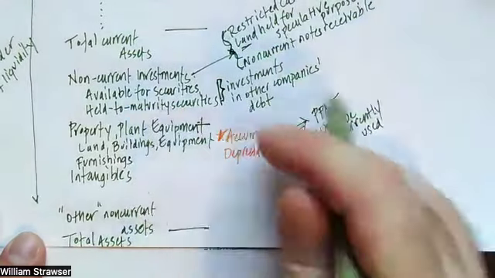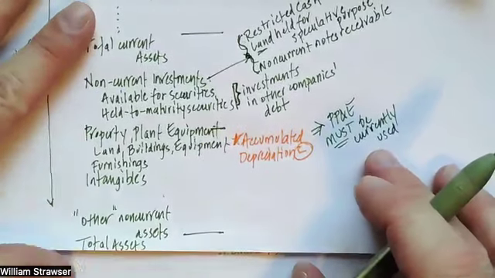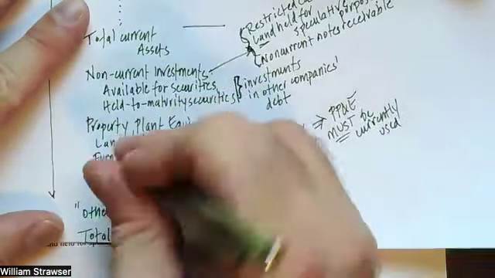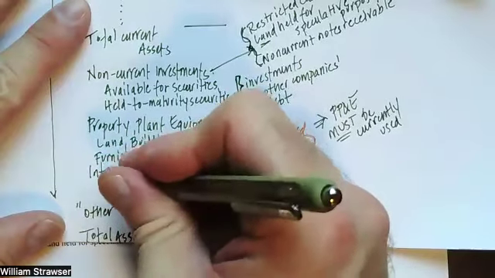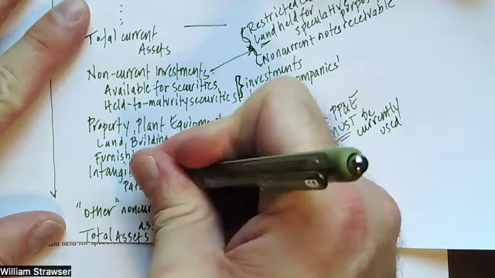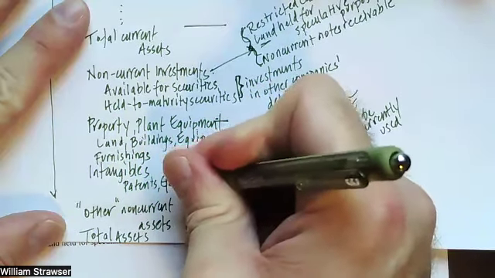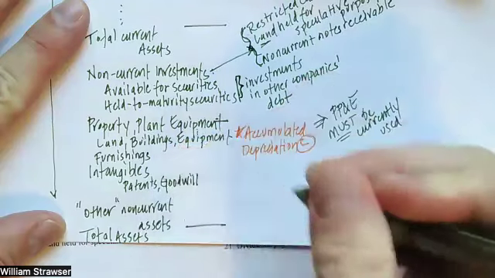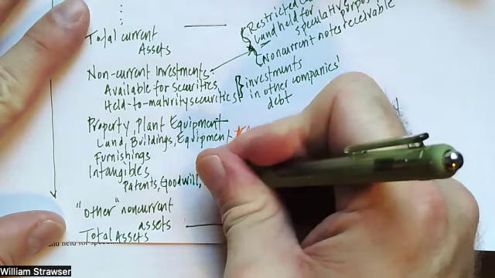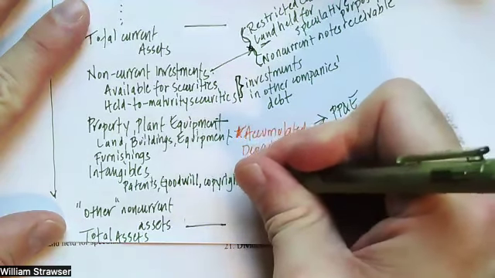Same idea with intangibles. They do have to be currently used, although that's not necessarily as much of an issue as it is with the PP&E. But intangibles tend to include patents, which are a big one. Goodwill is another big one you'll see on many balance sheets. Copyrights, and any other licenses.